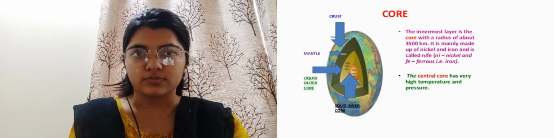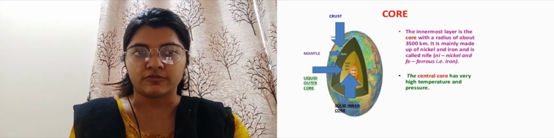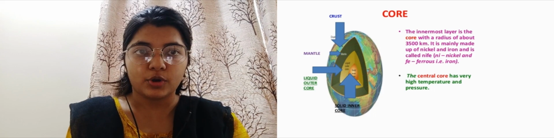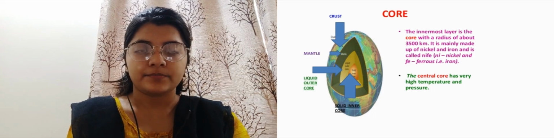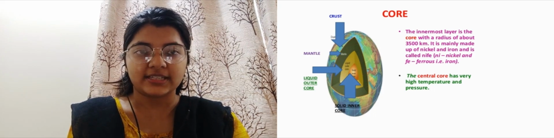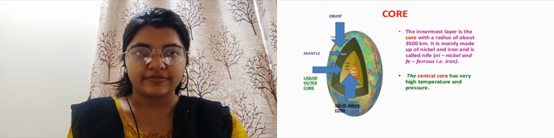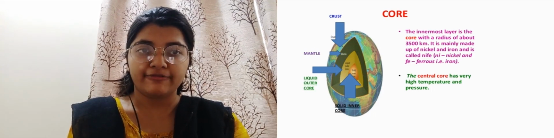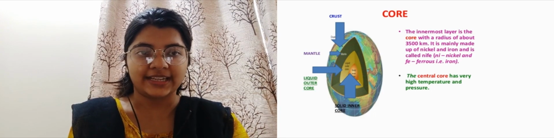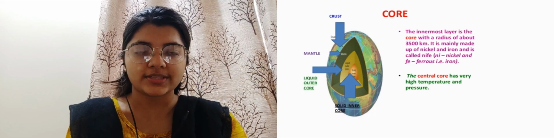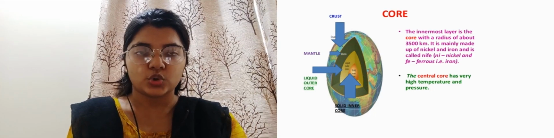Now let us study more about the core. It is made up of two things: Ni, which is for nickel, and Fe, which is for ferrous, that is iron. So it is made up of nickel and iron, in short NiFe.